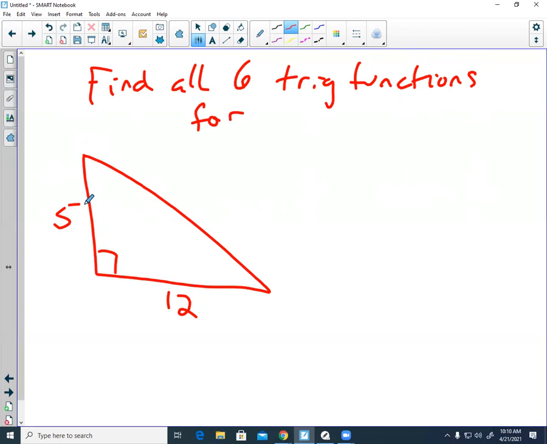I'm going to give you a second to try this on your own. You should be able to find what sine of theta equals. You should be able to find what cosine of theta equals and tangent of theta. And then you just have to go through and find the reciprocals of these. So I'm going to give you a second to try it out.